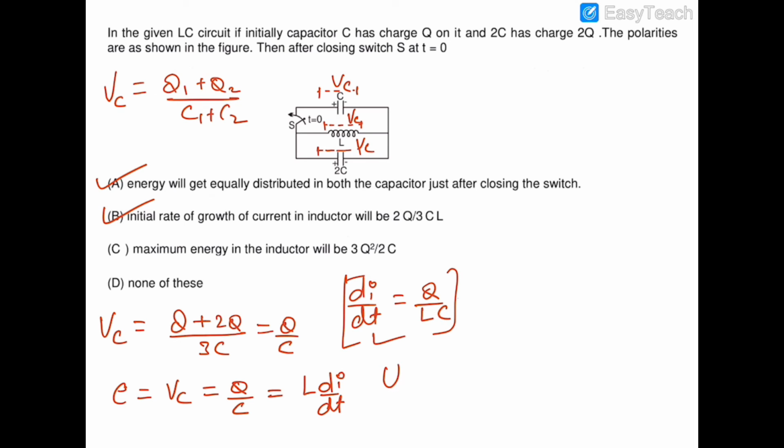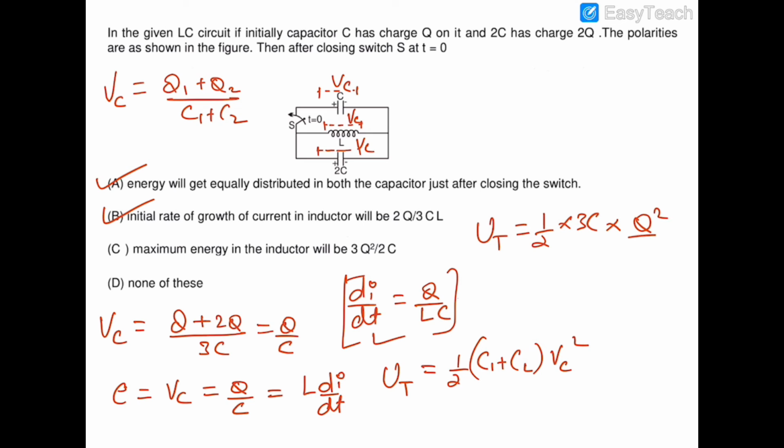Now the total energy which is stored in these two capacitors is half into C1 plus C2 into V common square. So the total energy will be equal to half into 3C into Q square by C square.